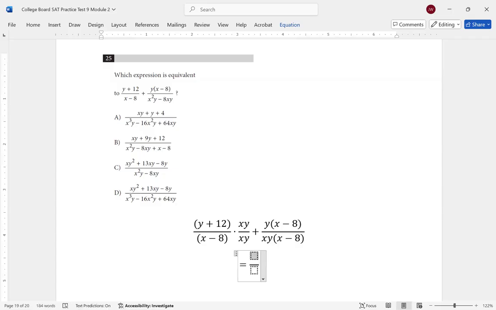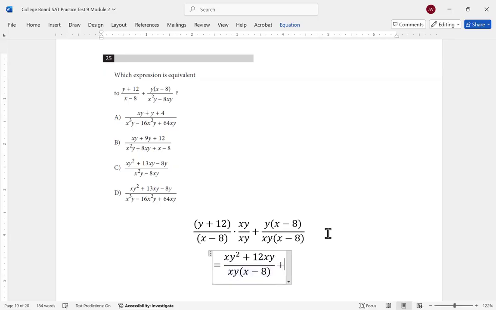So that's what I'm going to do. xy times y is x times y squared. 12xy is 12xy. That's going to be divided by xy times 8 minus x.